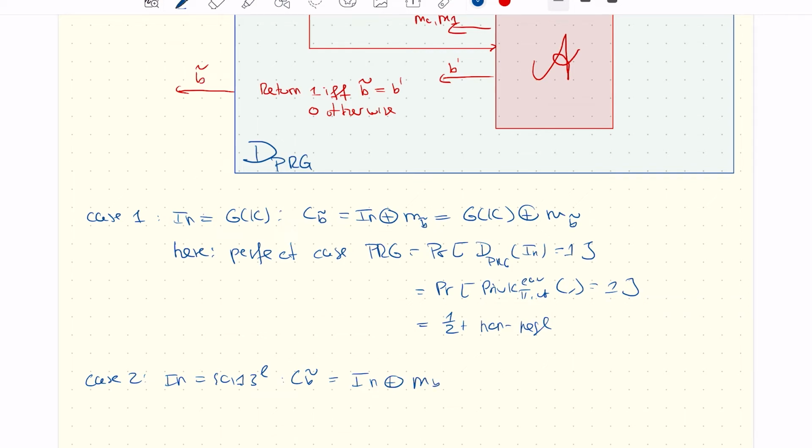And again, we're asking the same question: what is in this case the chance that the adversary wins the game? And because here we essentially have a perfect one-time pad, the probability is exactly 1/2. So the probability that D in this case, where it just gets a random string, outputs 1, is exactly 1/2.